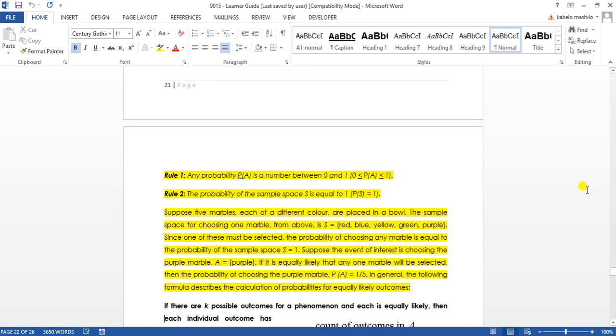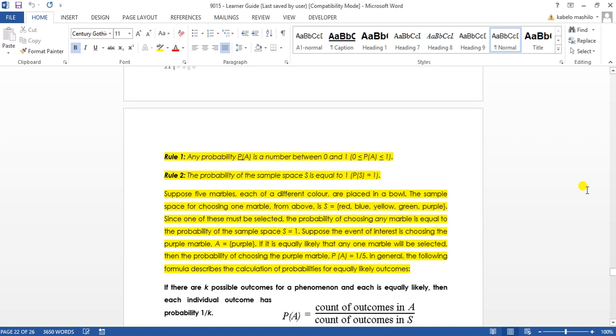An example: suppose 5 marbles, each of a different color, are placed in a bowl. The sample space for choosing one marble from the bowl is S: red, blue, yellow, green, and purple. Since one of these must be selected, the probability of choosing any marble is equal to the probability of the sample space. Suppose the event of interest is choosing the purple marble, A: purple.